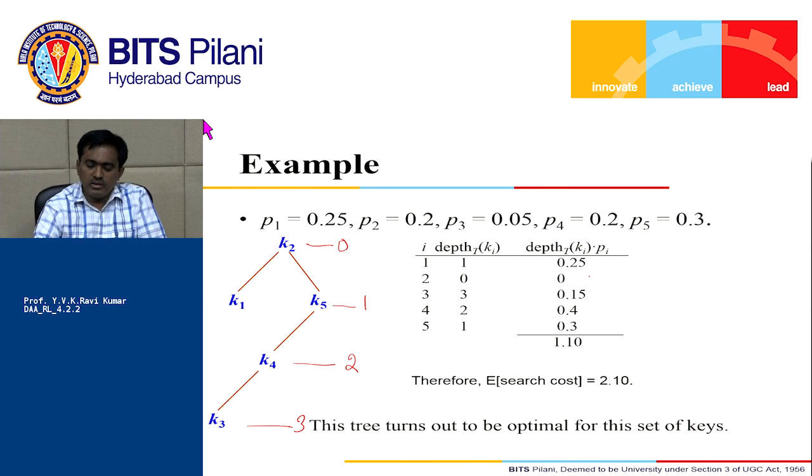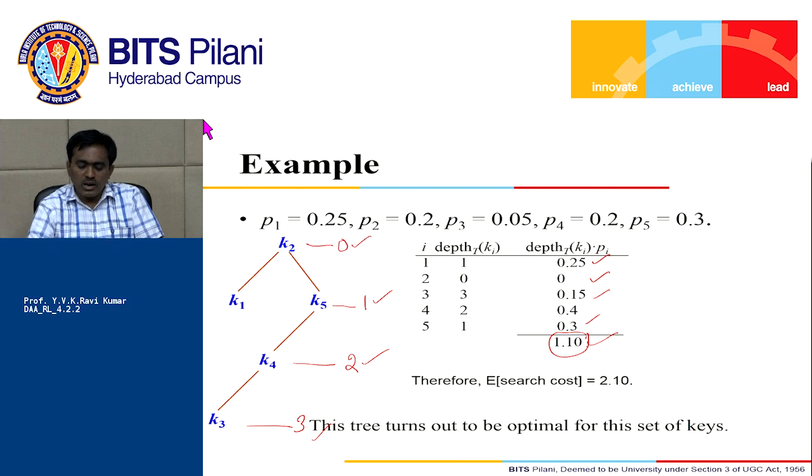In the same way, we can calculate for i equal to 1, 2, 3, 4, 5, that is the number of keys, followed by the depth of each key. Here the depths are 0, 1, 2, 3. Then we calculate the expression depth of key into corresponding probabilities. The total amounts to 1.10. Now the total cost, by adding 1 to this, is 2.10.